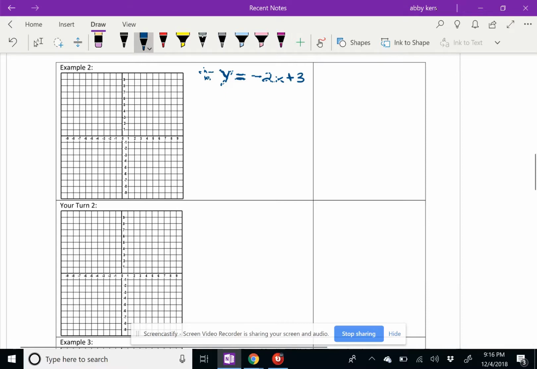So then we begin at 3. Sorry, I don't know why my pen was tripping out there. That should be better. Okay, and then once again go down 2, right 1. So down 2, right 1.